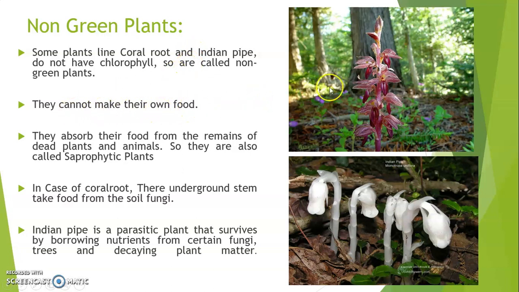They cannot prepare their food through photosynthesis, so they absorb their food from the remains of dead plants and animals. So they are also called the saprophytic plants. The plants that get their food from the dead remains of plants and animals are called saprophytic plants. Coral root and Indian pipe are saprophytic plants.